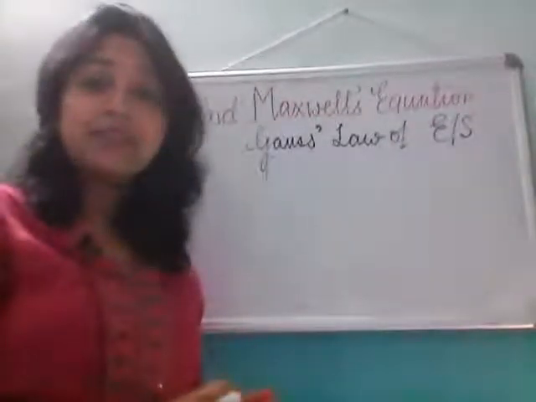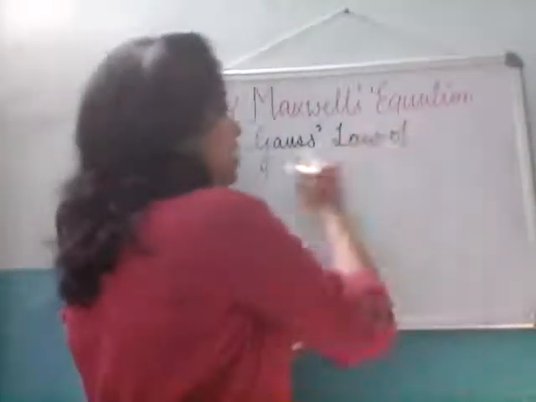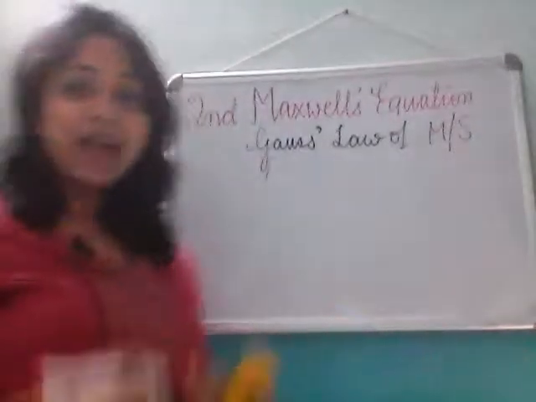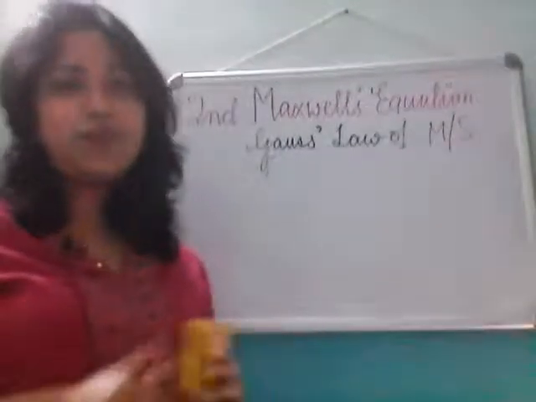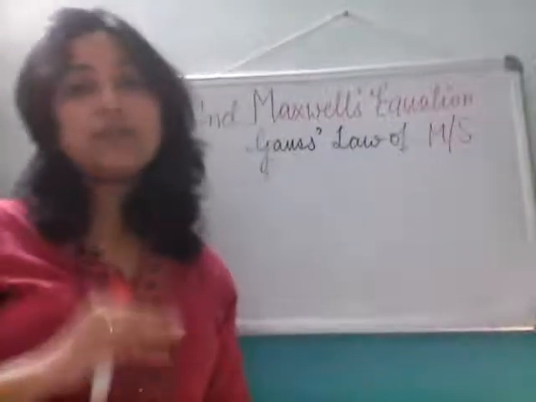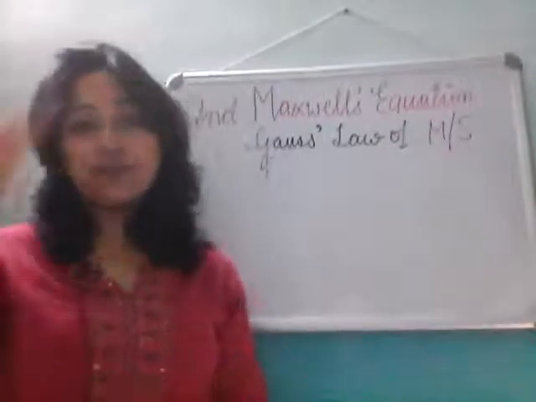But this time, this is not in electrostatics, rather this is the Gauss's law in magnetostatics. Alright, I am mentioning magnetostatics with the short form of MS. So essentially the second Maxwell's equation is nothing but the Gauss's law in magnetostatics.